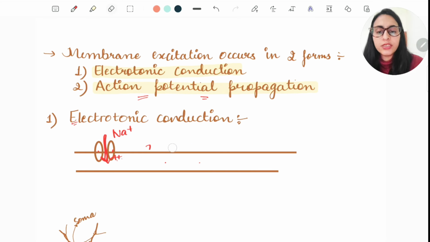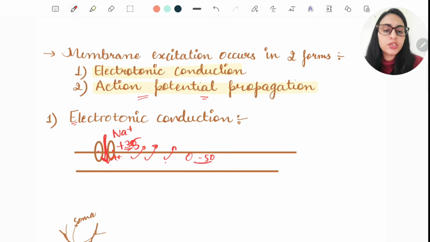Say suppose initially it was plus 30 or plus 35, then the positive ions start leaking. Then what happens? After some time it goes to 0 or say minus 50.